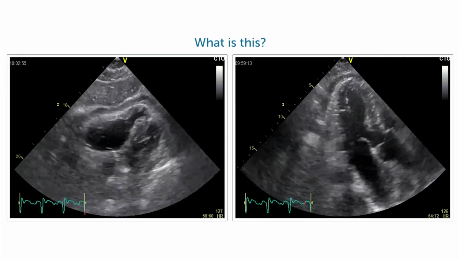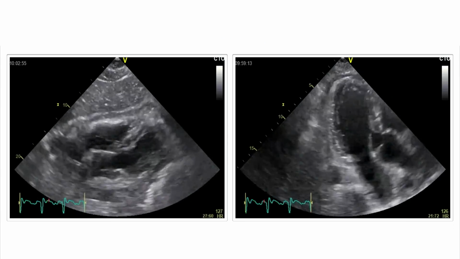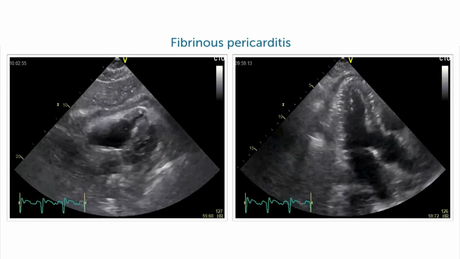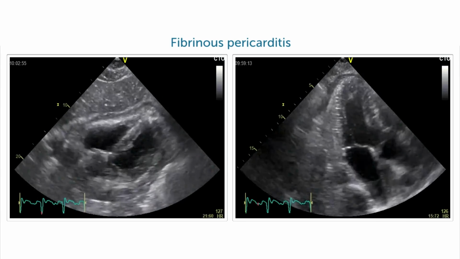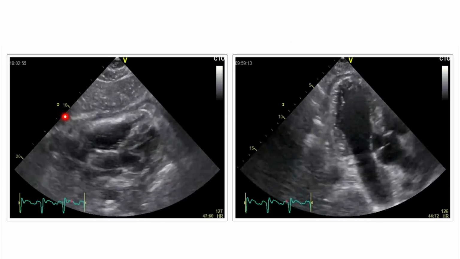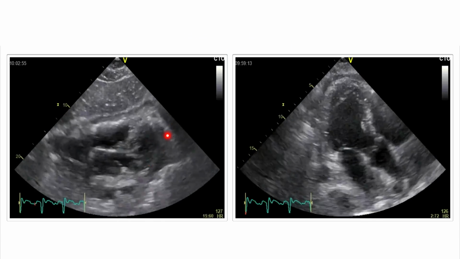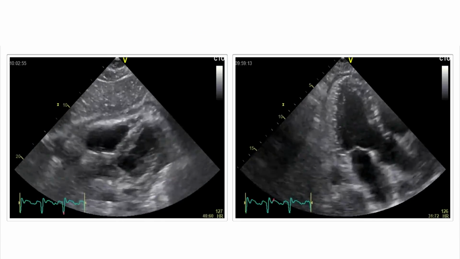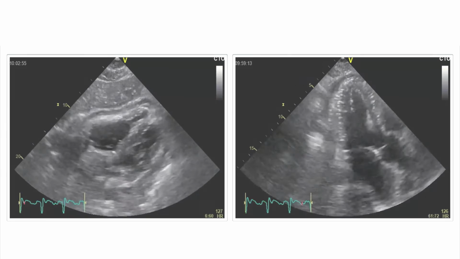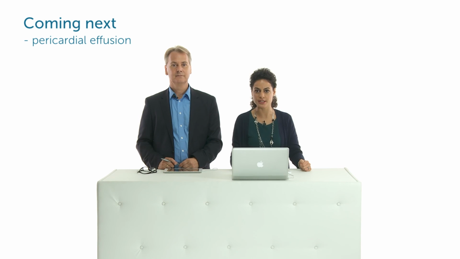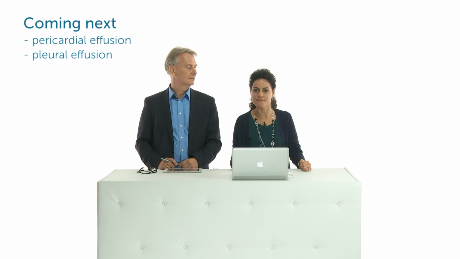And you know what this is? Well, this is another case of fibrinous pericarditis, but here the pericardial effusion somehow organized and is evolving into a pattern of constriction. The following chapter will deal with pericardial and pleural effusion. There, we will talk about infection again.